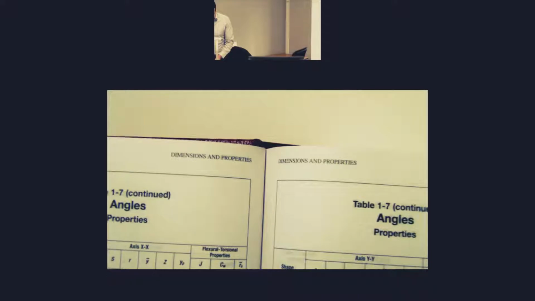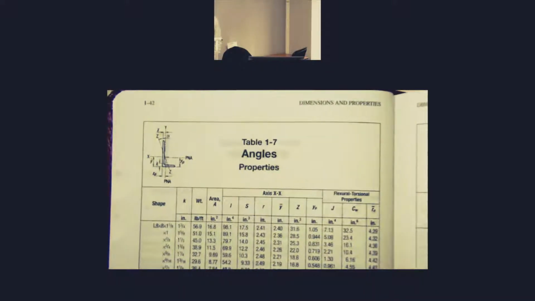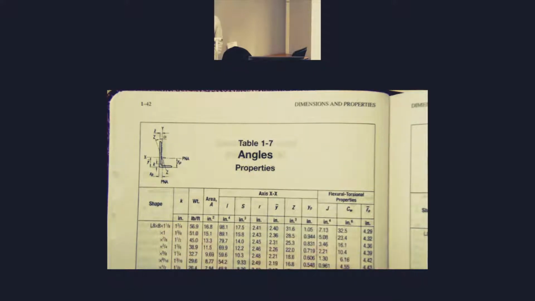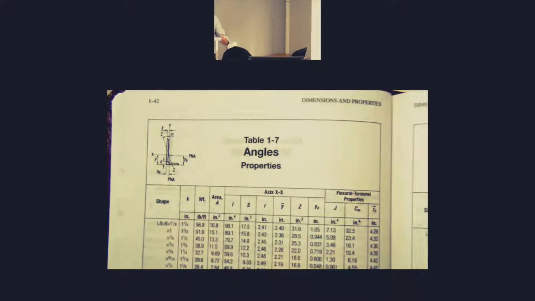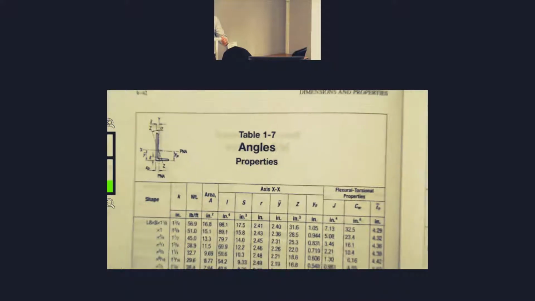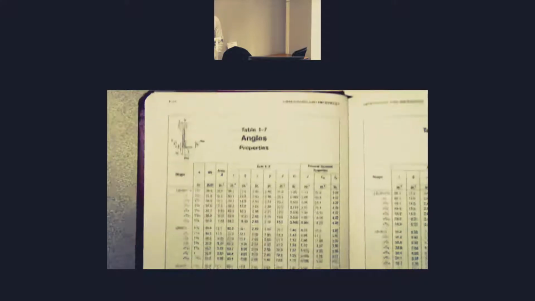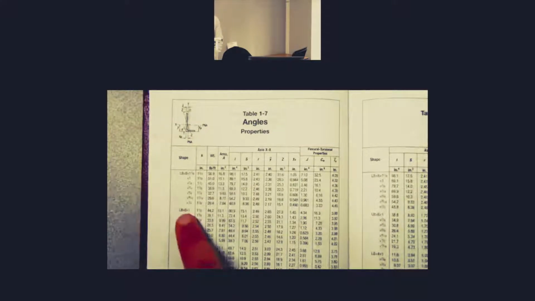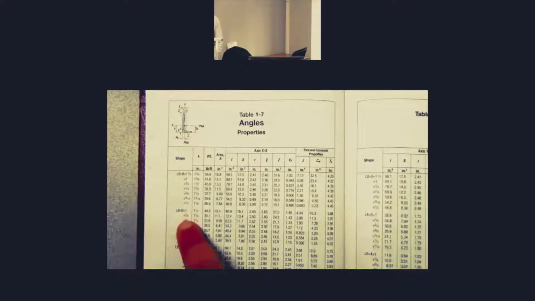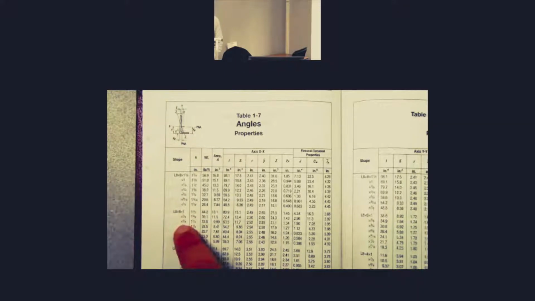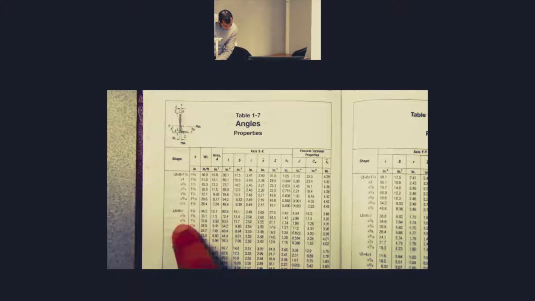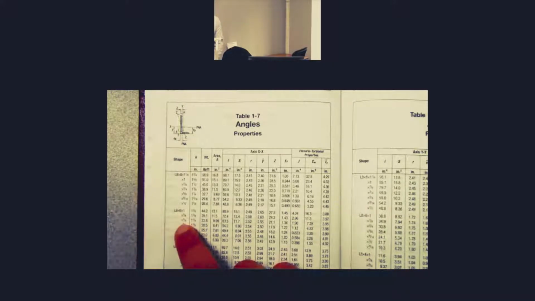We're looking for L 8 by 6. So that's 8 here. On page 142, you have L 8 by 8 and then 8 by 6. So if I zoom out a little bit, you have here the L 8 by 6 by 1 inch and then 7 by 8, and then 3/4. That's what we have. The 3/4. So you're looking for the area gross.